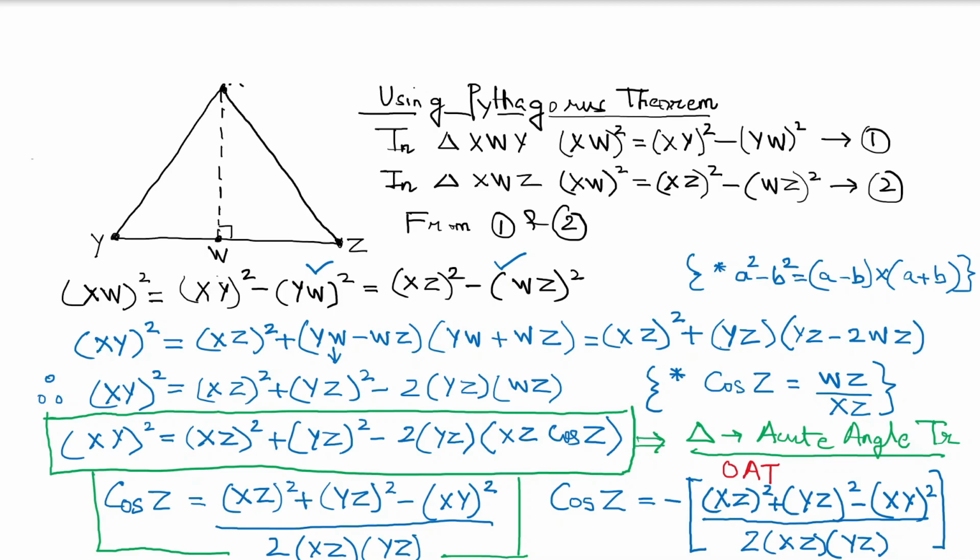And here we are talking about an obtuse angle triangle which would lie in the second quadrant. So whatever value that you would have got for an acute angle triangle, you just have to take the negative of that when you are talking about an obtuse angle triangle. So the more you practice this, the better you will be able to understand.